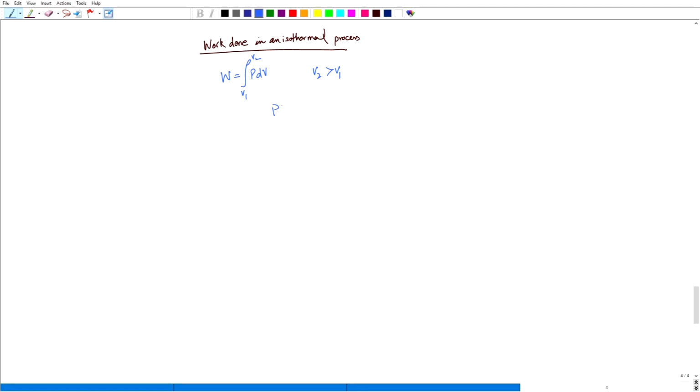So we know PV is equal to nRT, and temperature is constant. So can we replace P in terms of V?